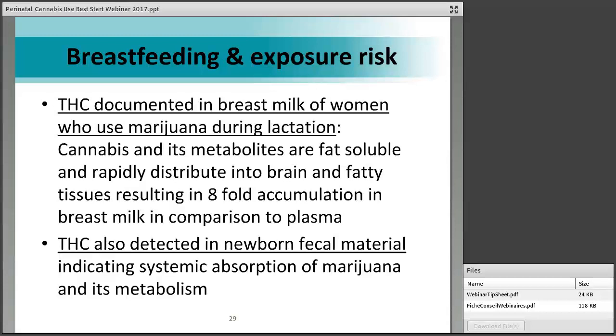So one of the concerns is that if individuals are breastfeeding after smoking or using cannabis, they will have a higher concentration of these metabolites in their breast milk. Once the infants feed, they are more likely to have THC detected in their output. Studies have documented that THC can be detected in the feces, which indicates that the babies are systemically absorbing marijuana and its metabolites.